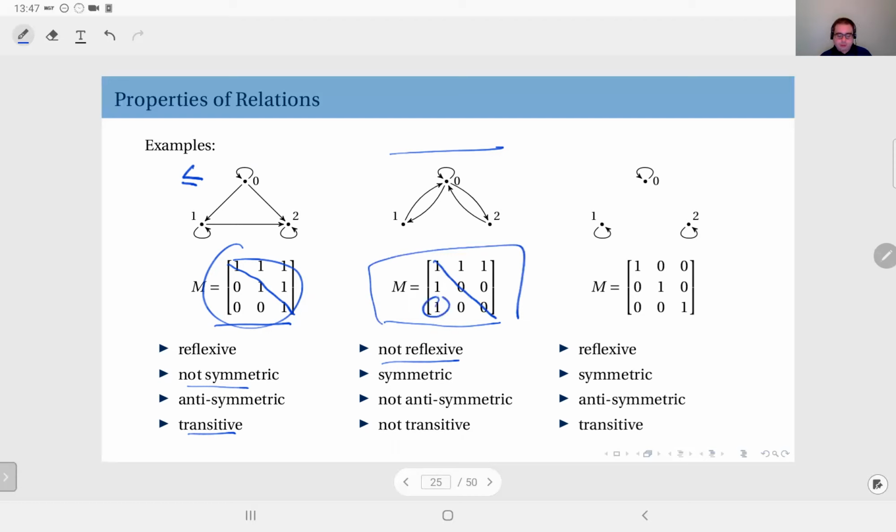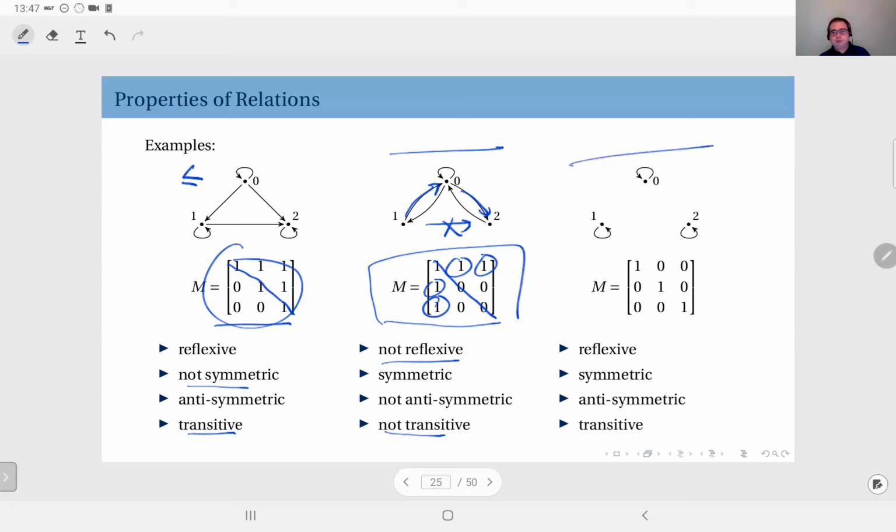No, because we have symmetric pairs of 1s here. Therefore, it's symmetric but not anti-symmetric. And it's also not transitive. Why? Because you have (1, 0) and you have (0, 2), but you do not have (1, 2), so it's not transitive. One counterexample is sufficient.